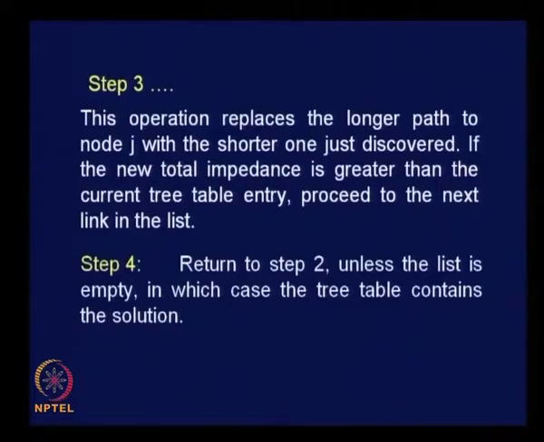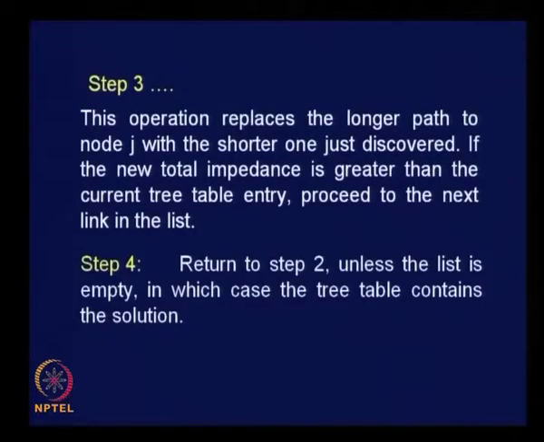Unless the list is exhausted, you have to continue the process. I hope all of you have some vague idea of the steps involved in the process. We will take a numerical example and see how these steps can be followed one by one to get the minimum path tree.